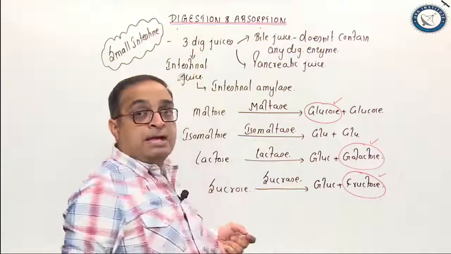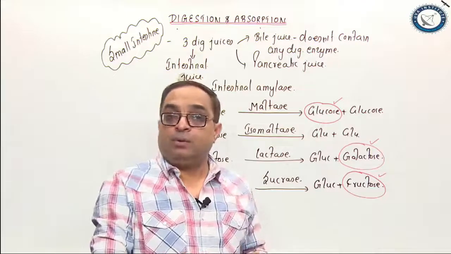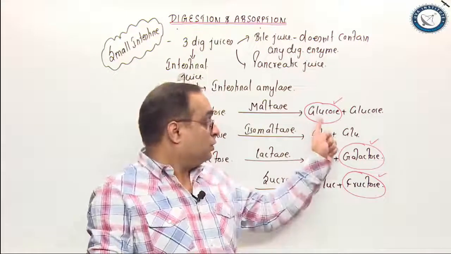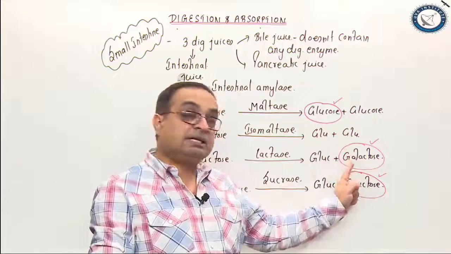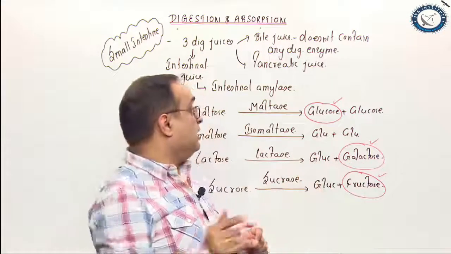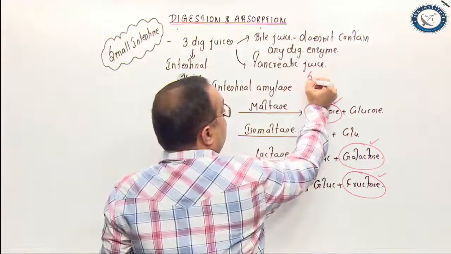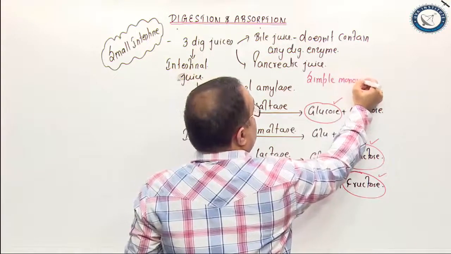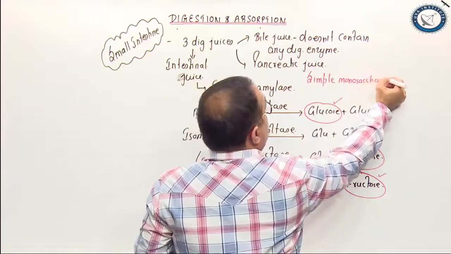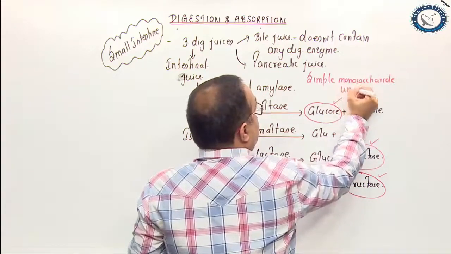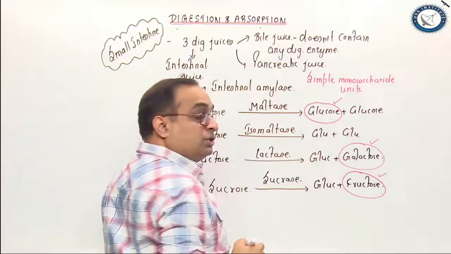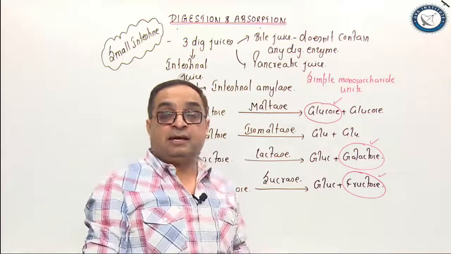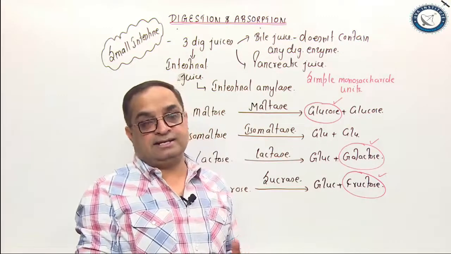These three are simple monosaccharide units. Saccharide means sugar. They are absorbed easily through the villi of the intestine.